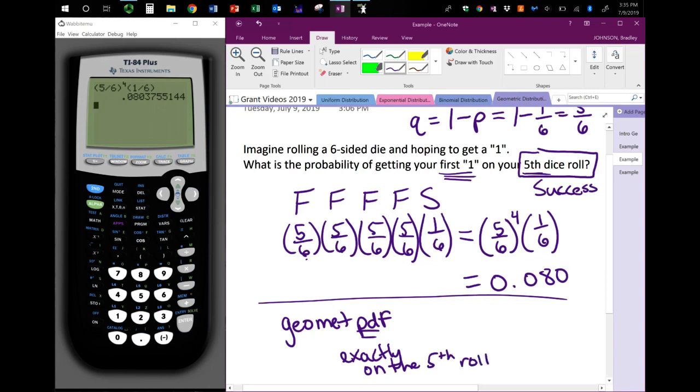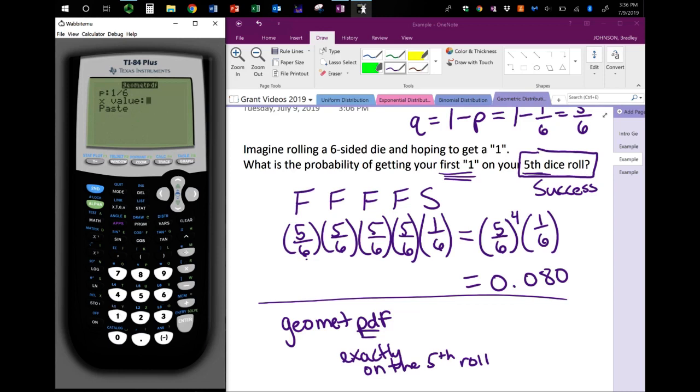Now, where you find geometpdf in the calculator is 2nd vars, and it's all the way at the bottom. So if you hit up, you'll get to the very bottom. Now there's PDF and CDF. PDF is for single. CDF, C stands for cumulative, so you're adding up events, but we're just interested in this one event.